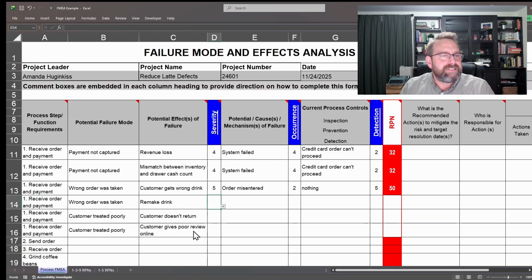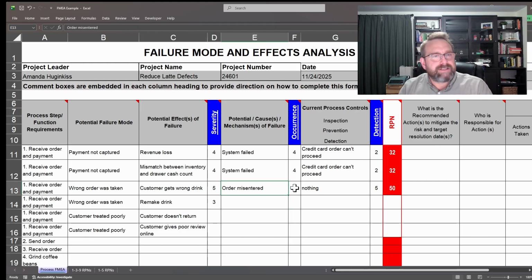Is it the same as that? No, probably not, because we're going to remake it at cost. So maybe it's a 3. It does slow our operations down, so maybe it's a little less severe than the loss of revenue of giving a coffee for free and not getting that money. We're remaking it.